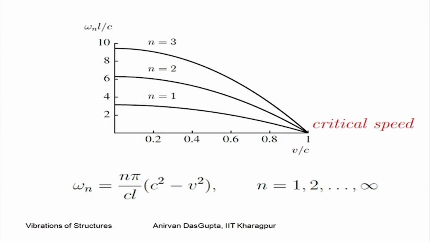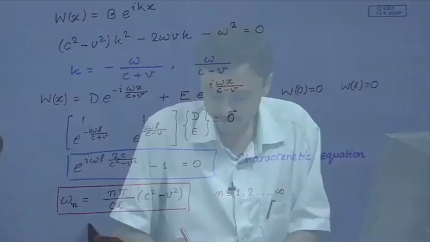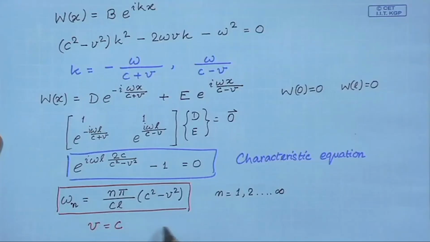So, as you can see, for all the modes when v by c equals 1, which is v equal to c, all the circular natural frequencies go to 0, and the variation you can see from this figure. This speed v equal to c is known as the critical speed. So, at the critical speed, the translating string loses stiffness.